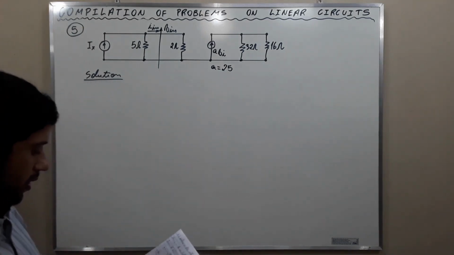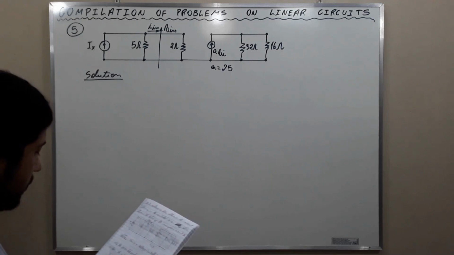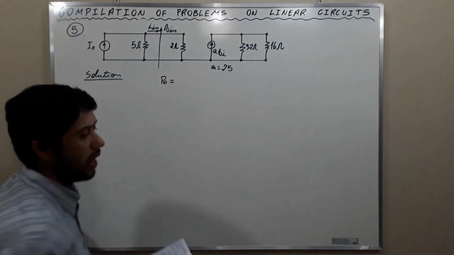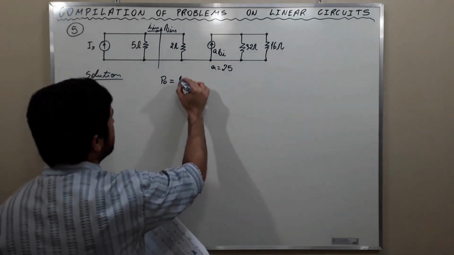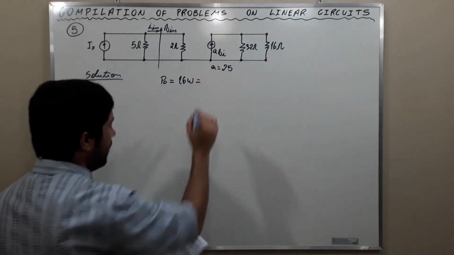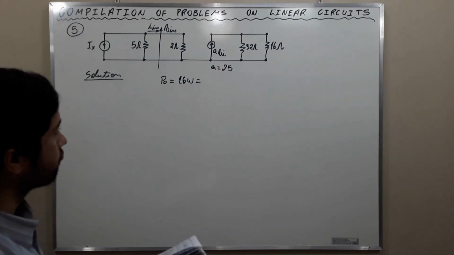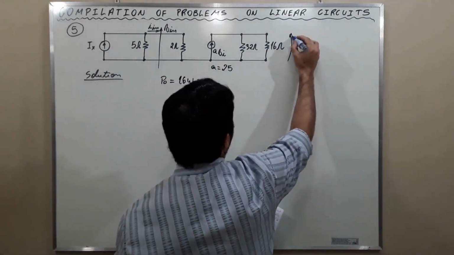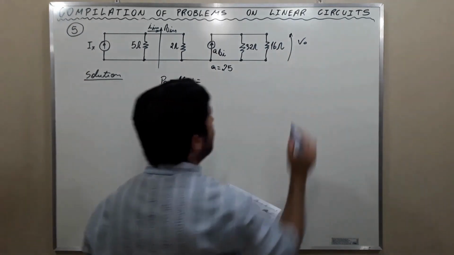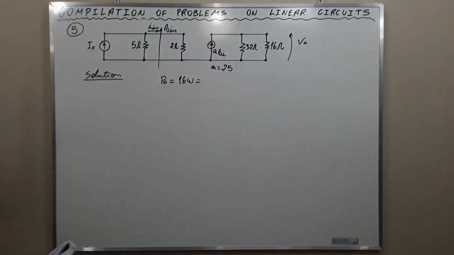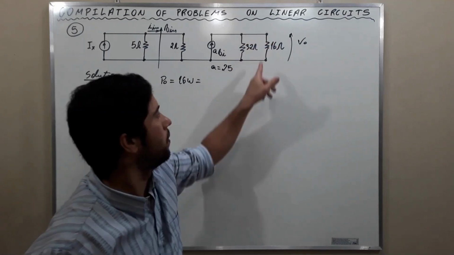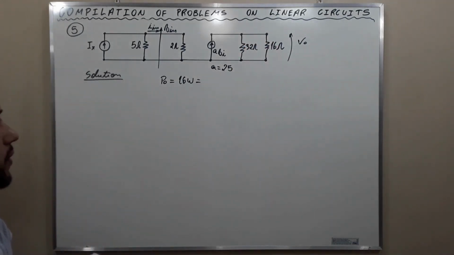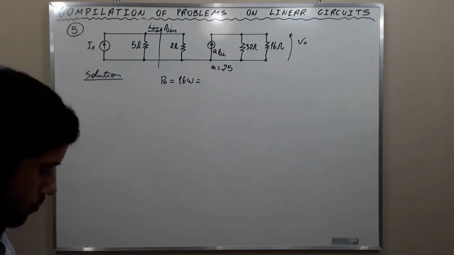Let's call the voltage on top of the load resistor VO.